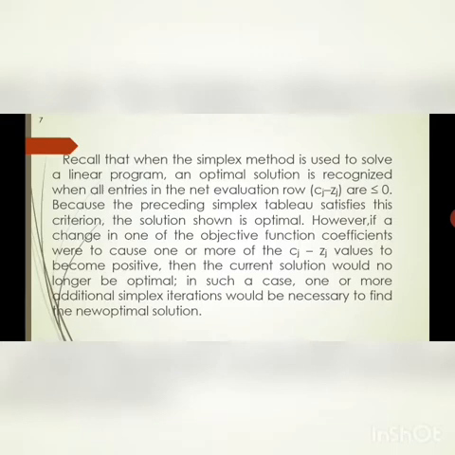However, if a change in one of the objective function coefficients were to cause one or more of the c sub j less z sub j values to become positive, then the current solution would no longer be optimal. In such a case, one or more additional simplex iterations would be necessary to find the new optimal solution. So, the range of optimality for an objective function coefficient is determined by the coefficient values that maintain c sub j less z sub j less than or equal to 0 for all values of j.